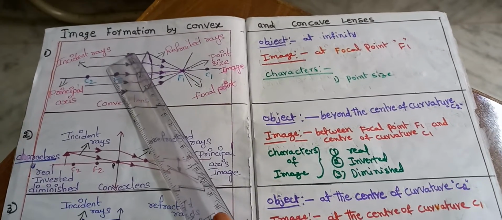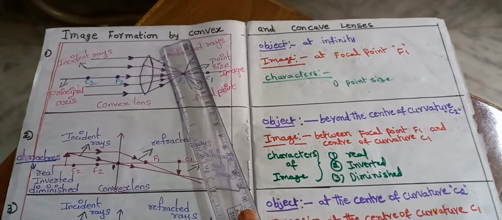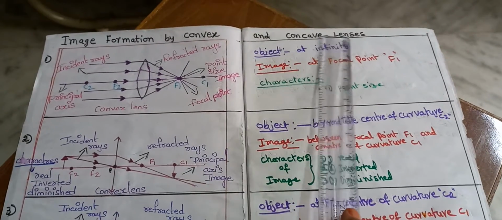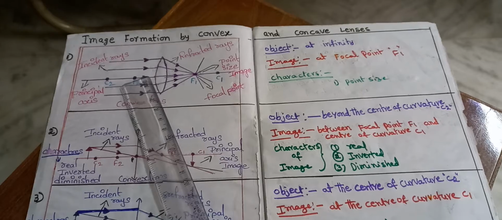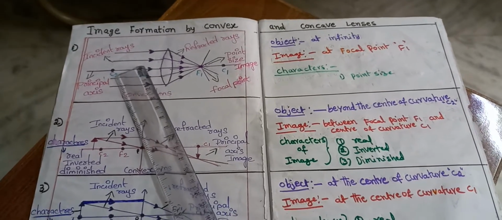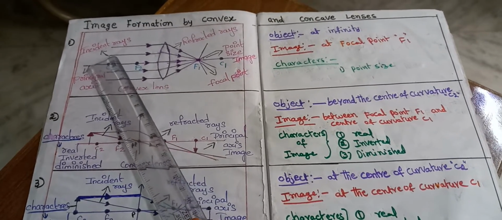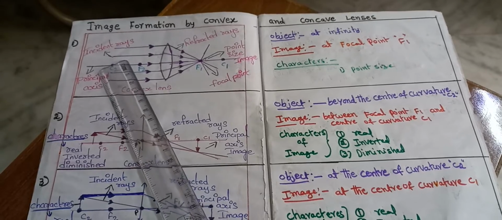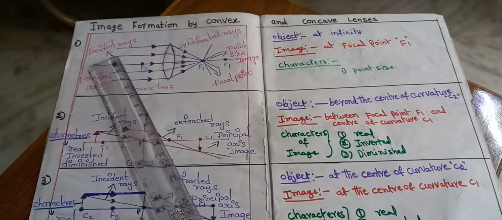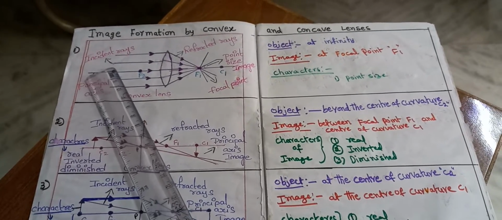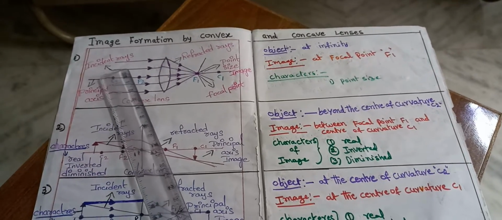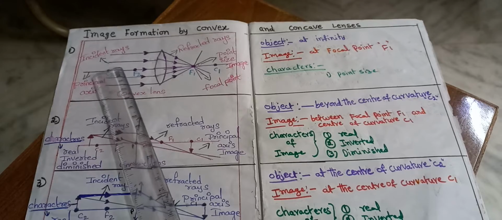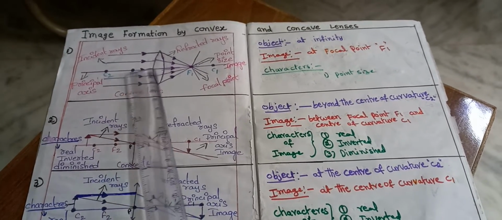Today we are going to learn about the image formation by convex and concave lenses. In the first diagram we can see the object is at infinity. So here we cannot see the object, so it is at infinity. The incident rays travel parallel to the principal axis.